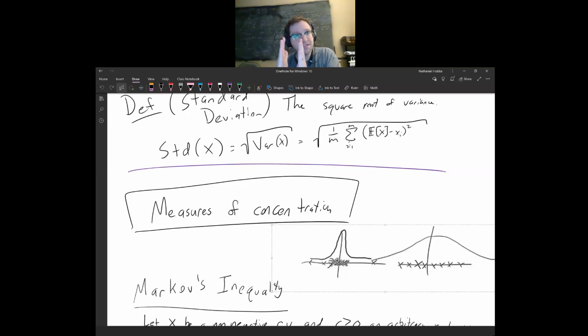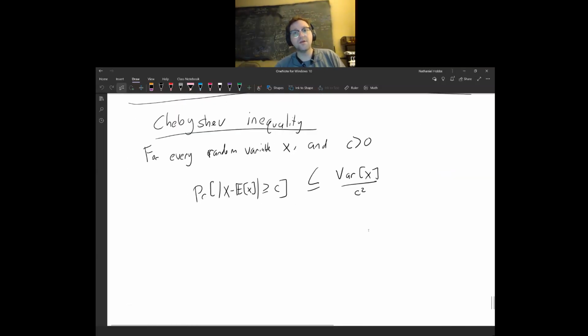If it's not concentrated, things can be away from the average in a not surprising way. So Chebyshev relates the probability of lying away not from the average, but from the variance. And the variance is already a measure of thickness or fatness. So from a high level, this is why Chebyshev is a tighter bound.